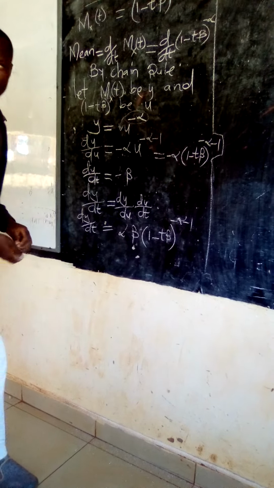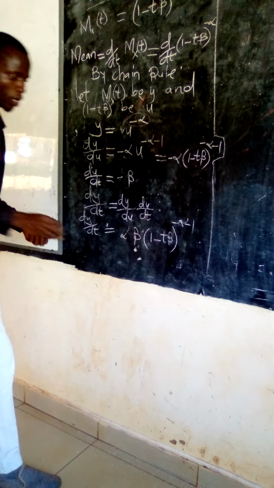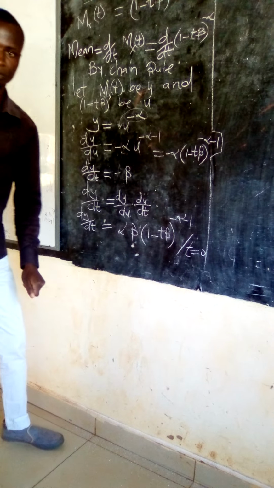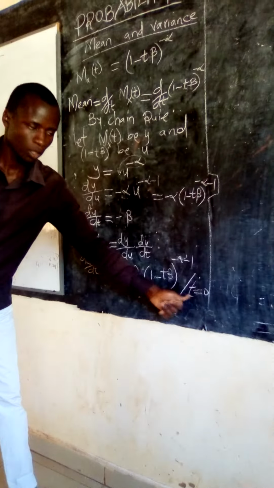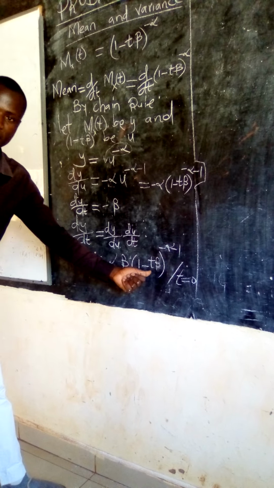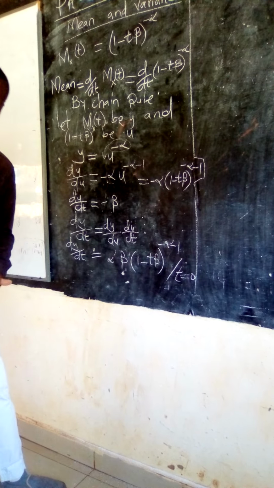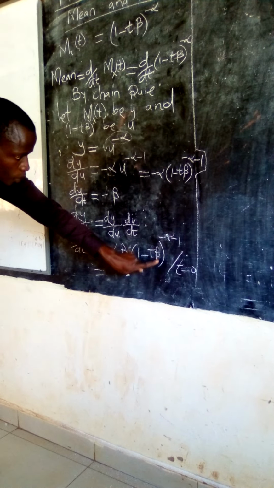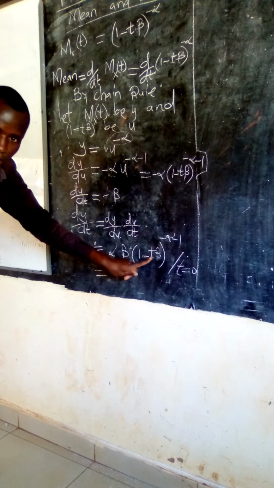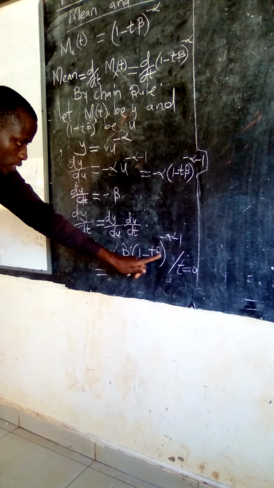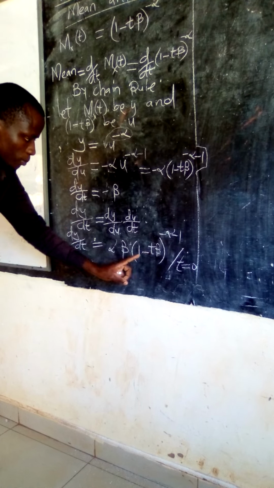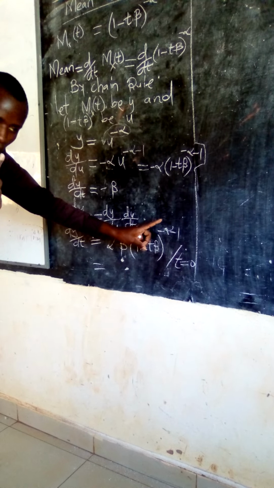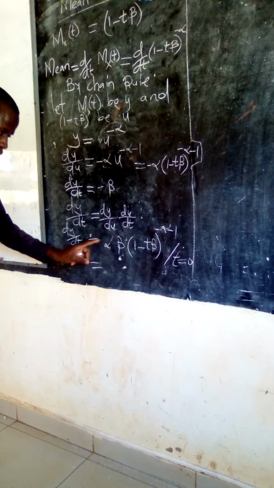Now, after coming up with this, that is what we are talking about as our dy dt. Having gotten this, you are now supposed to let t be 0. So when t is 0, you just substitute it with 0 where t is, then write the remaining result. Let us begin here. When t is 0, so let us put 0 here. So 0 times beta is just 0, and therefore 1 minus 0 is 1. 1 raised to anything is 1, and therefore you will just end up with alpha beta.